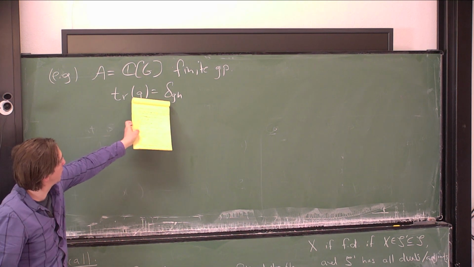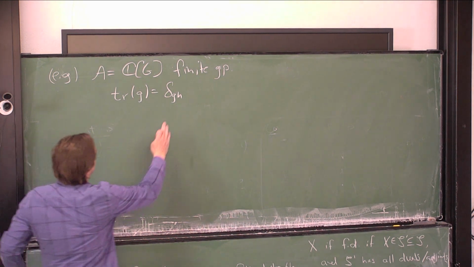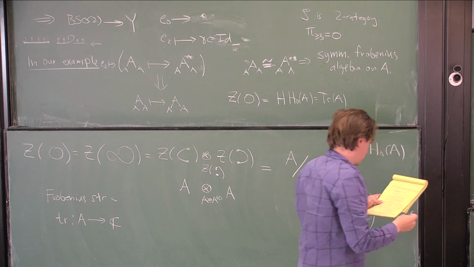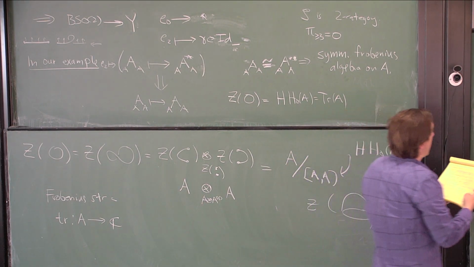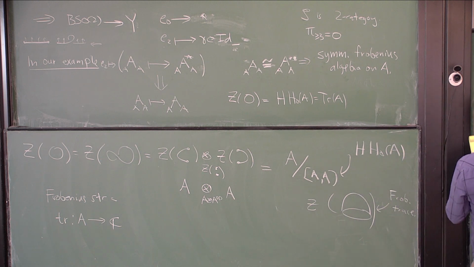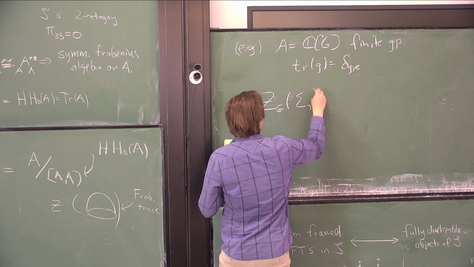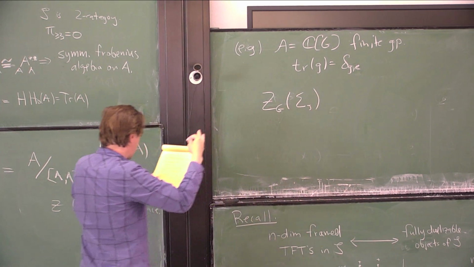Which is to say it's either 1 or 0, depending on whether G is the identity or not. And there's a lovely formula that you can work out in different ways, and you get lots of nice combinatorial identities.